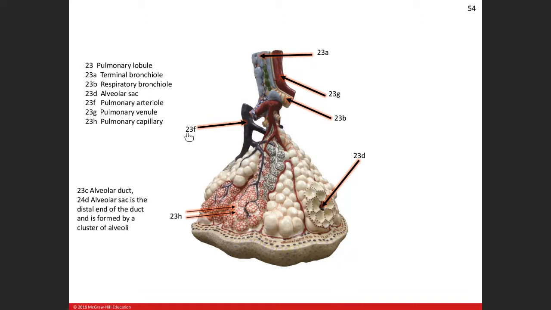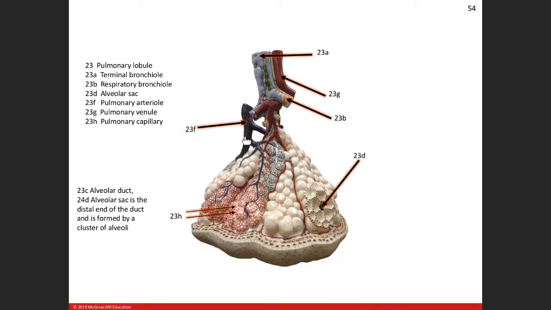23F, that is the pulmonary arteriole. Deoxygenated blood, don't be fooled. I know we're used to seeing that if something's red, it's an artery, and if something's blue, it's a vein.